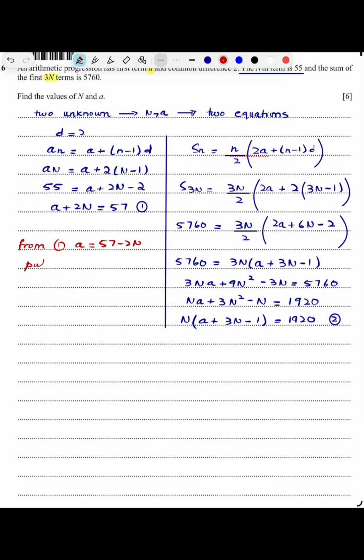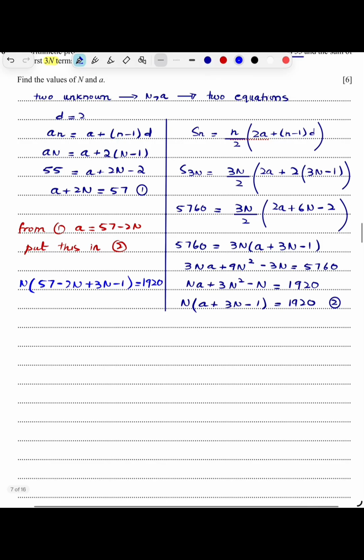So we can put this in equation number 2 so that everything is in terms of n. So we'll have n times (57 minus 2n plus 3n minus 1) is equal to 1920. Okay, this becomes n times (56 plus n) is equal to 1920.